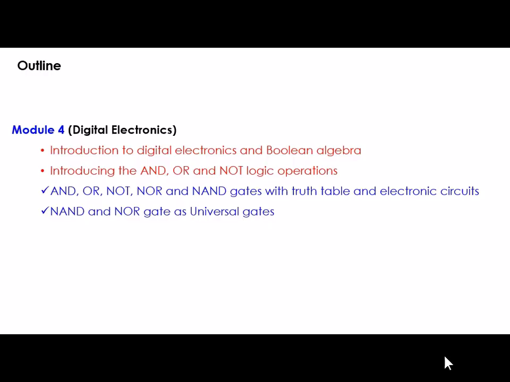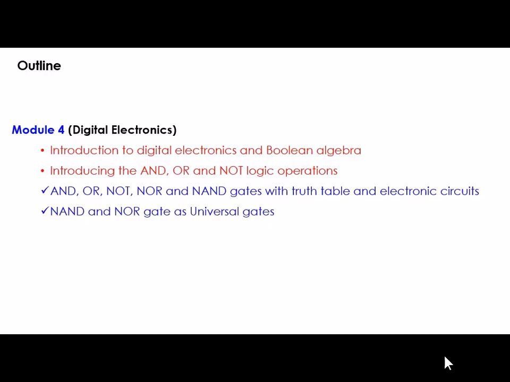Today we are going to realize these logical operations in terms of electronic circuits, and those electronic circuits which are used to realize these logical operations are called logic gates.